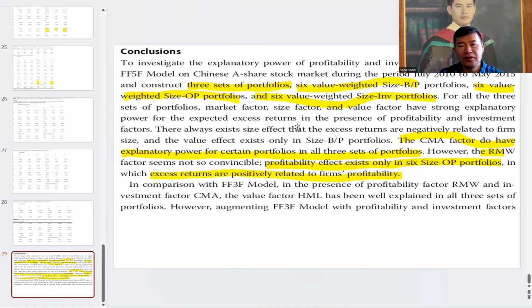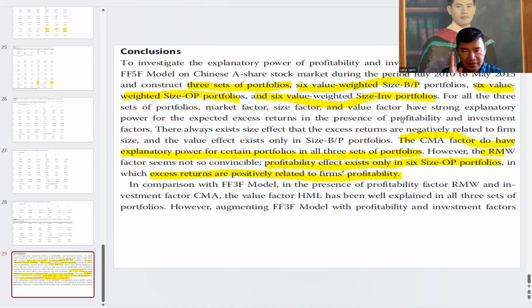Okay, for all the sets of portfolios, the market factor, size factor, remember market factor RM minus RF, size factor SMB, value factor is the book to market ratio HML, have strong explanatory power to expected return of the profitability and investment factor.